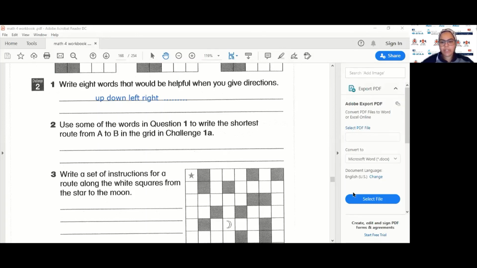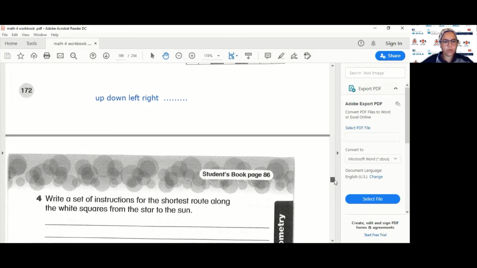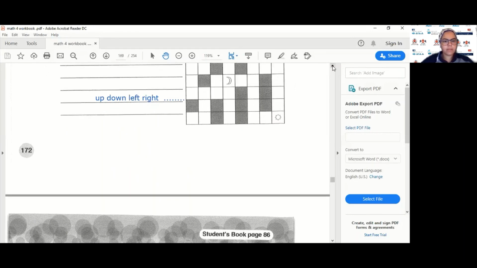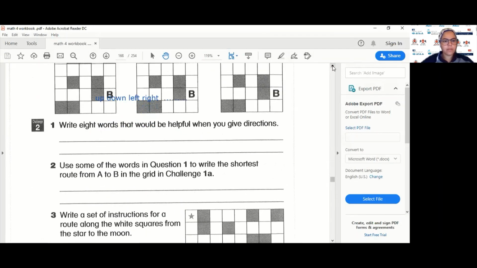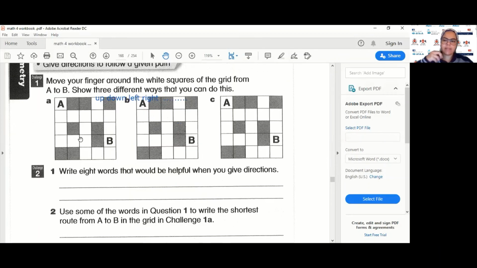Okay, so in challenge 1A, I'm so sorry, where did we go? Again? Yes. Question number 1A, of course we said that the shortest path was with Mehdi. Okay?